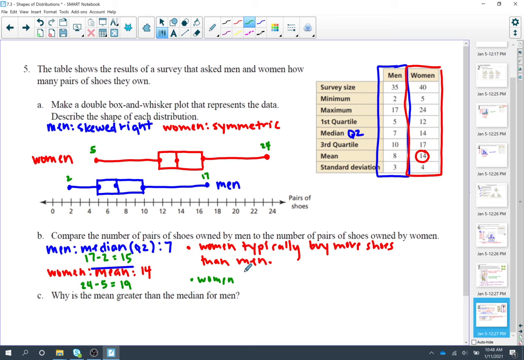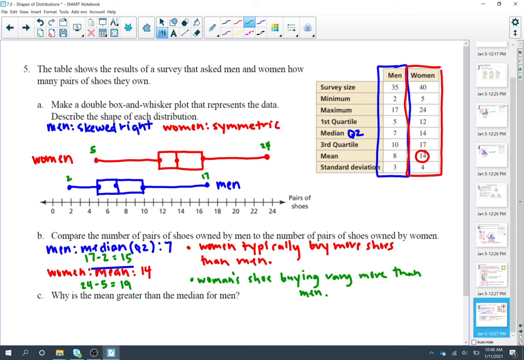So women typically buy more shoes, and I don't know how to really say what I want to say here. Women's shoe buying varies more than men's.